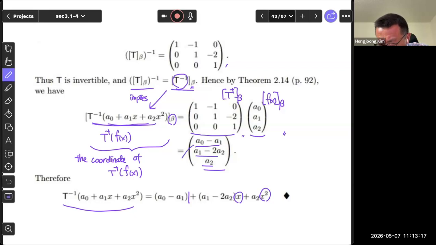So a0 minus a1 will be the coefficient of 1, and a1 minus 2a2 will be the coefficient of x, and a2 will be the coefficient of x squared. In this way I can find the inverse image of any second order polynomial.